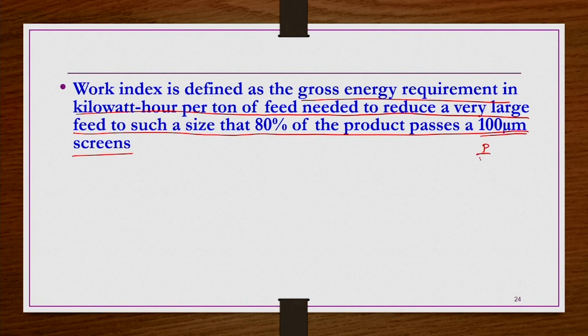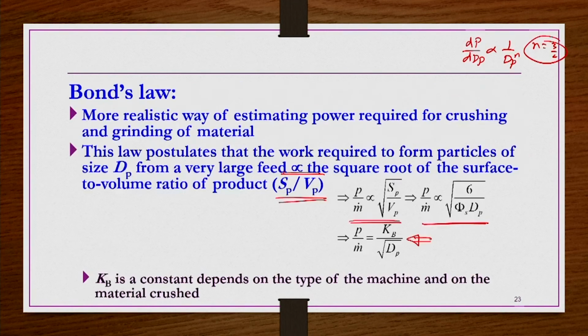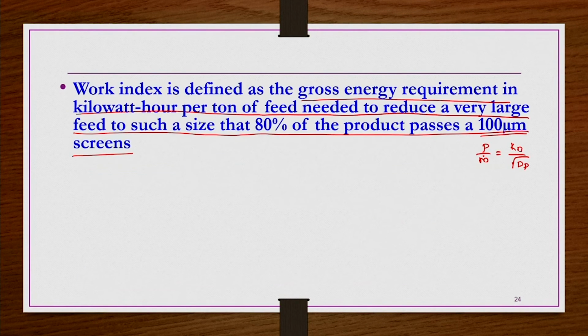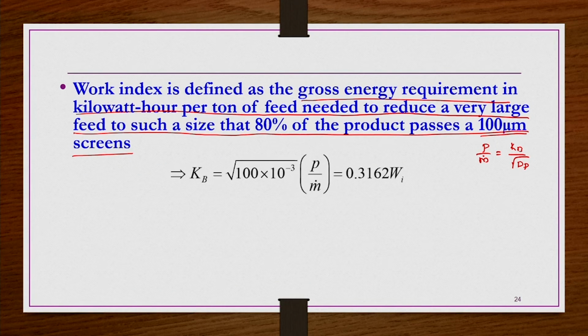So, whatever P by m dot is there, that is Kb by square root of dp. Here, if you take dp as 100 microns, in this law we have already seen that P is in kilowatts and dp has to be taken in mm. So, Kb equals the square root of dp, which is 100 into 10 power minus 3 mm, times P by m dot.